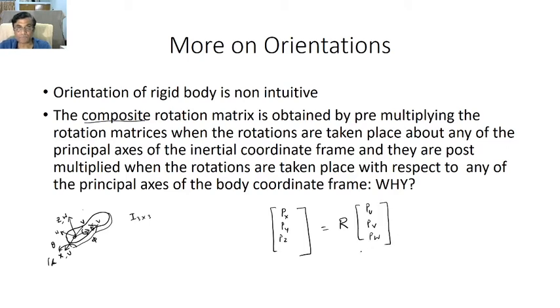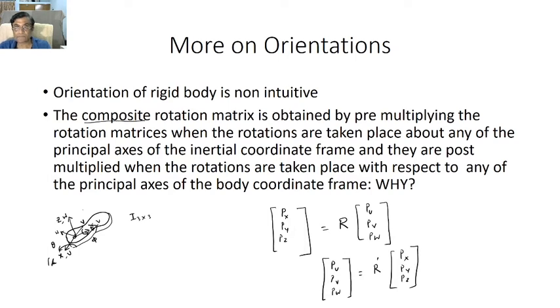So this is the position vector of any point with respect to the body coordinate frame, and the position vector of the same point with respect to the inertial coordinate frame, and we have deduced it. Also we have told you to deduce, and this is very straightforward to deduce in the same way, what will happen when you are rotating the body with respect to some of the principal axes of the body coordinate frame.